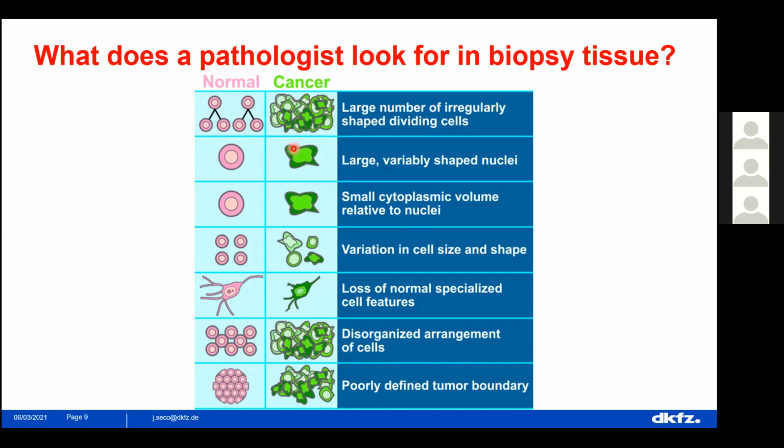You see that the shape, the size, even the differentiation is completely different. I have 4 different types of cells here, while here I have 4 identical cells. The morphology and the shape change from the normal to the cancer. And the other thing that is pretty common is that the tumor is usually completely disorganized compared to a healthy tissue. I will go into this in a second.